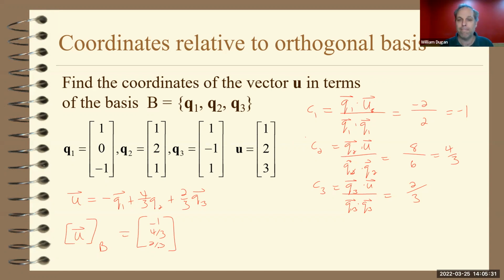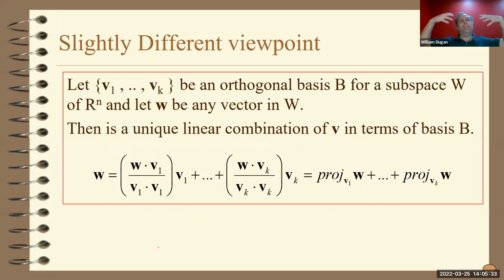Now, just as a slightly different viewpoint, because it's always nice to connect different ideas in linear algebra, because the more you connect, the more cool things you can do. So that theorem I gave you about the coordinates can also be written this way. Again, you have an orthogonal basis for a subspace and let W be any vector in that space, then there is a unique linear combination of W in terms of that basis.